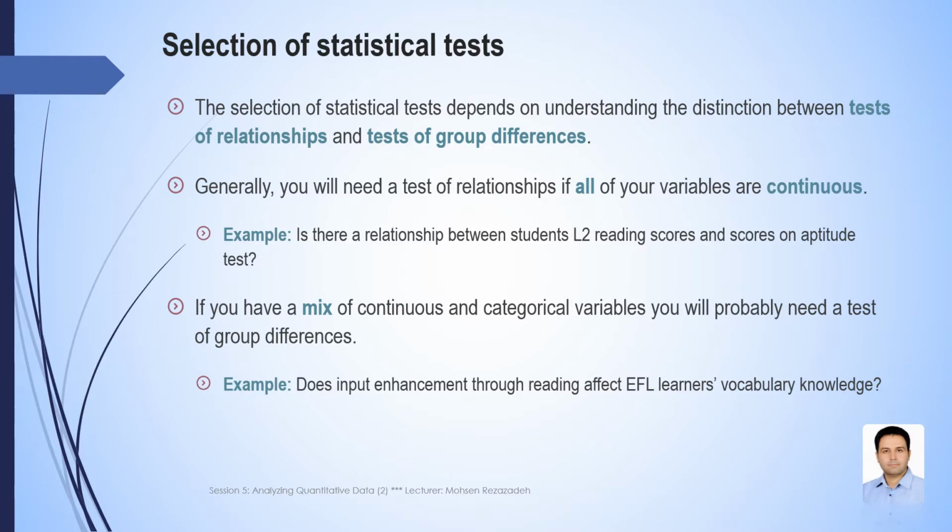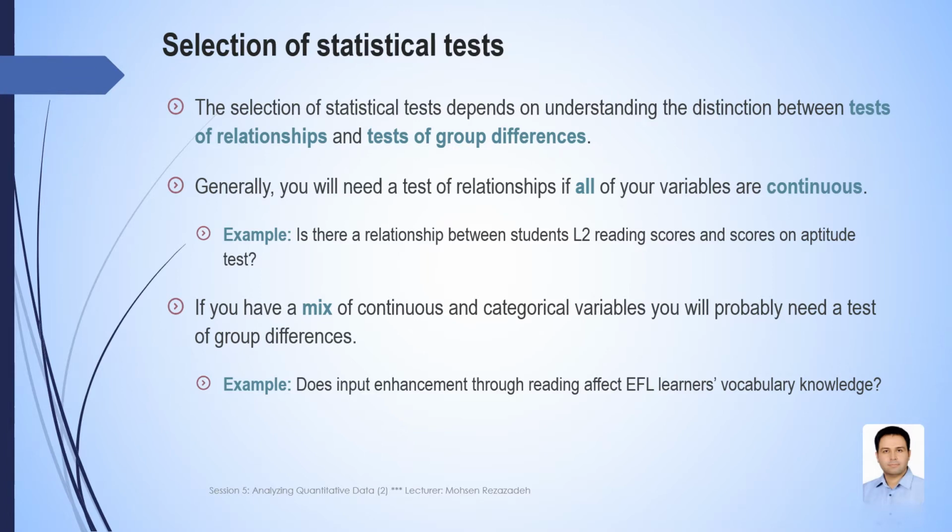As you can see here, tests of group differences look at whether membership in a particular category or group influences the outcome of, for example, some kind of test. Here it is vocabulary knowledge. Here we want to see if input enhancement in reading can have any effect on learners' vocabulary knowledge.